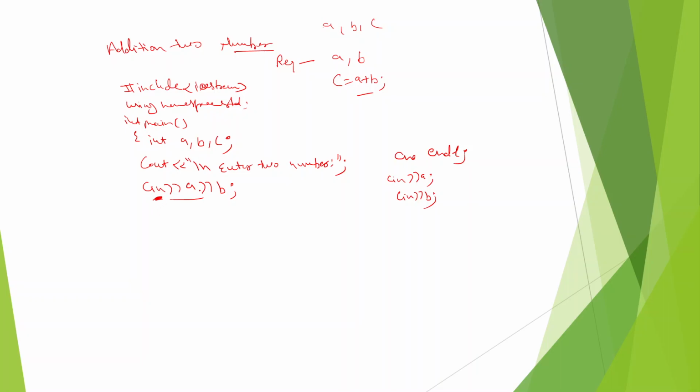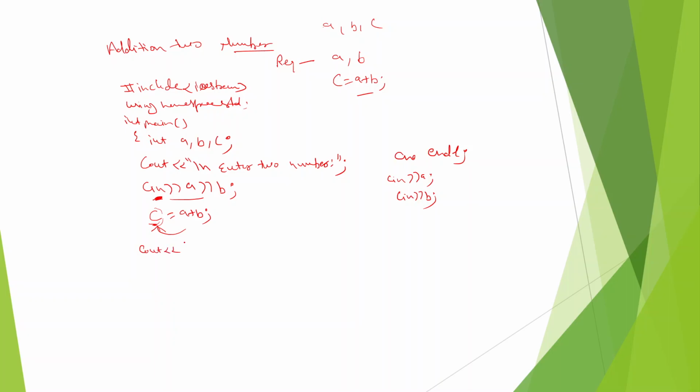Then after the A and B values, what do you want? You want addition, and that is stored in C, A plus B. Clear? We take input A and B, and after taking we add them, and then store the result in C. Then after this, what do we want? We want the value of C, so you have to use cout again.